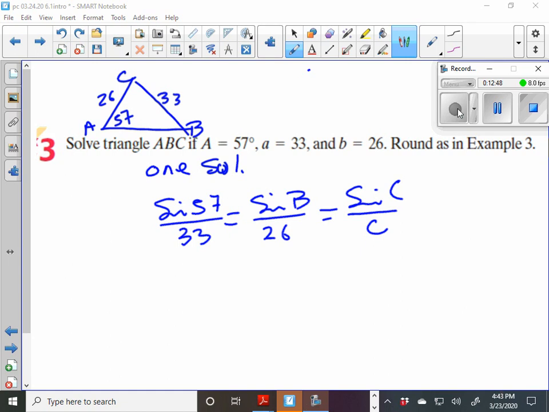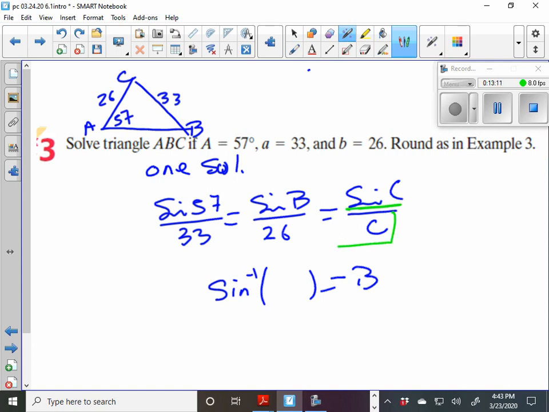You're going to go ahead and solve the first proportion and find B. Remember, this is going to require inverse sine to be able to find B, right? Once you find B, then you'll be able to find C. Once you find angle C, then you'll be able to find side C, and you're in good shape.